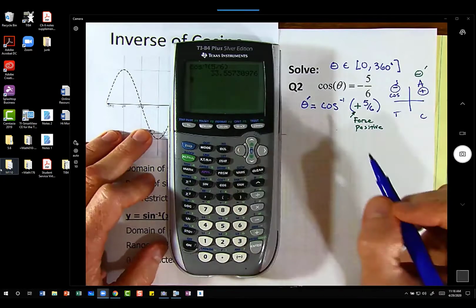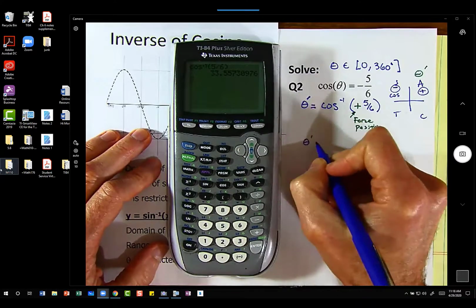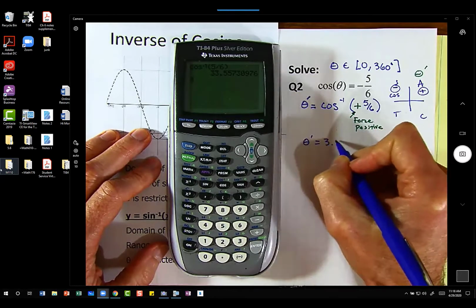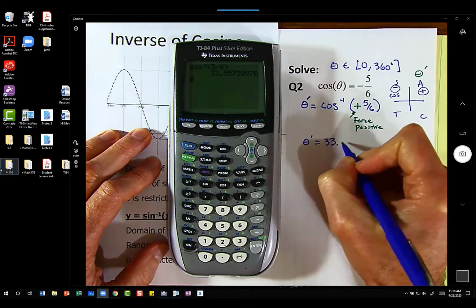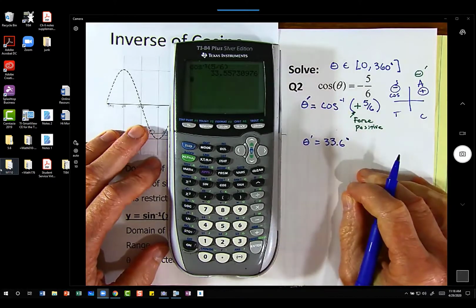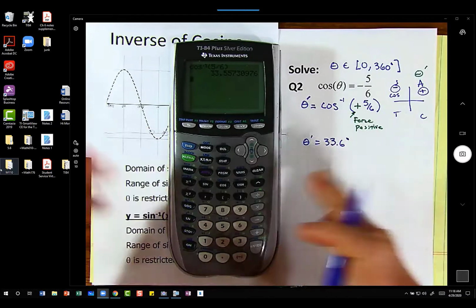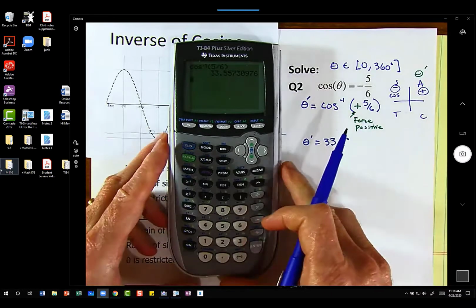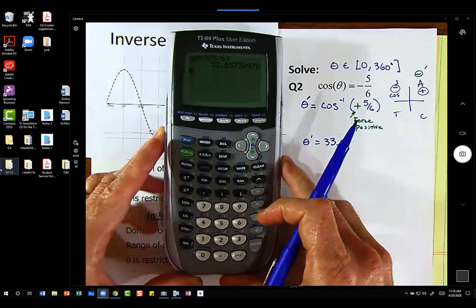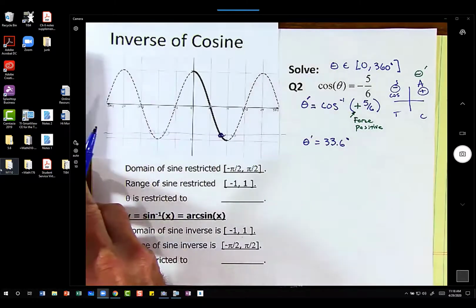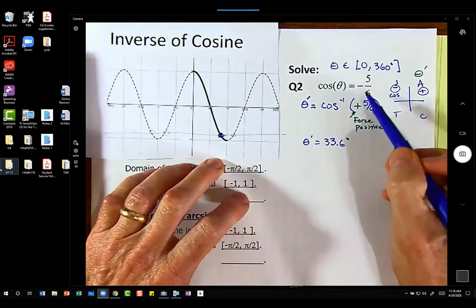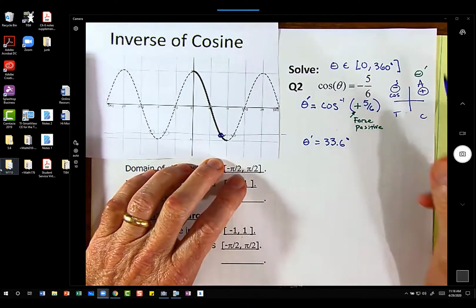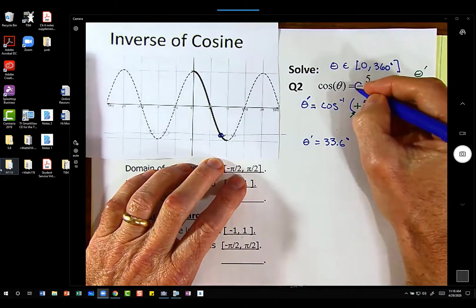Let's call that 33.6 degrees. All right, so just put in a positive number, you got the reference angle. Now let's go back and answer the question. The actual answer is bigger than the reference angle because we're supposed to have it equal negative.